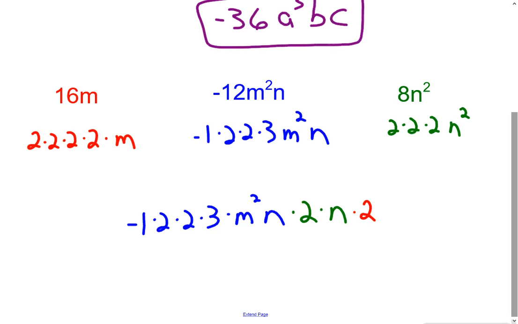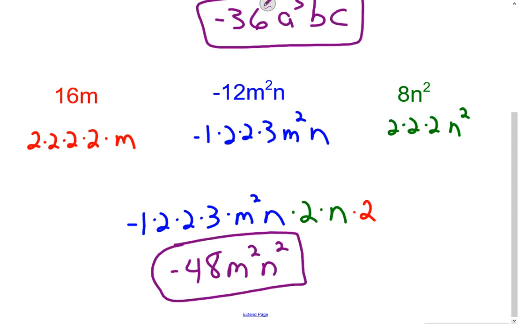Now I just multiply all of this together and figure out what we get. If I multiply all the 2's together, that puts me at 16. 16 times 3 is 48, and then times -1, so I'm at -48. And then we have m to the second and n to the second. And there is my least common multiple of those 3 monomials.